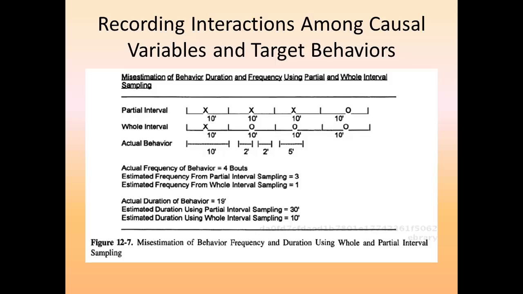Interval recording may be divided into partial interval recording, whole interval recording, or event within interval sampling. There are also real-time sampling methods, which involve the observer recording the clock time at the onset and offset of the target behavior, and momentary time sampling, in which the observation only occurs for a very brief interval.